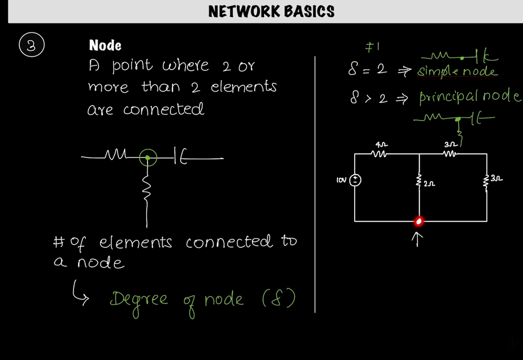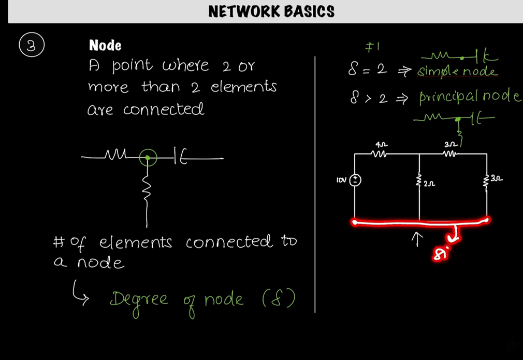Here, this is a point connecting 1, 2 and 3, but essentially we cannot term it a separate node because it is not connecting two elements. Basically we cannot term these two as separate nodes because there is no element in between connecting them. Whenever we have different points connected through a single wire, that is termed a single node itself.